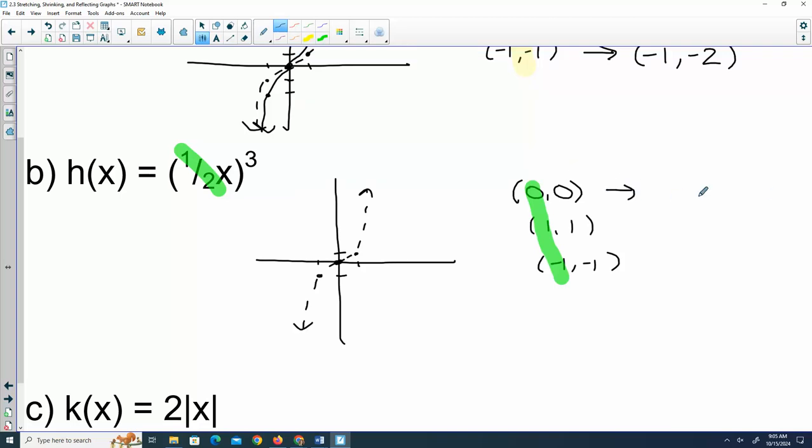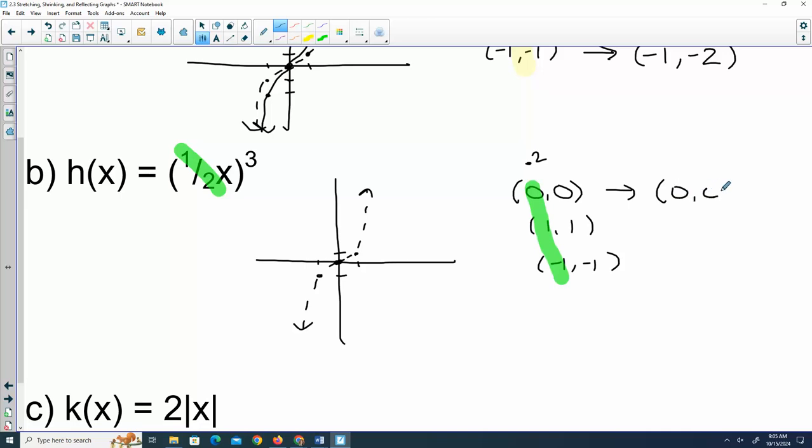So it says multiplying by 1/2. What would be the opposite of multiplying by 1/2? Dividing by 1/2, which is the same as multiplying by 2. All right, so I'm doing the opposite, so I'm really taking all my x's and multiplying them by 2 instead.